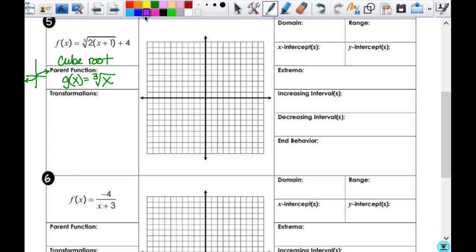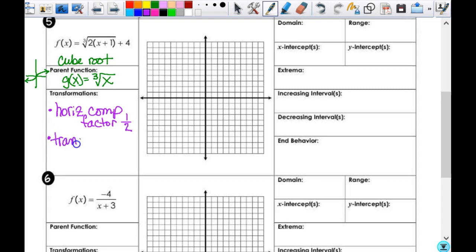Transformations. That 2, what does that do? It's a horizontal compression by a factor of 1/2. And that's the multiplication, so the others are translations.